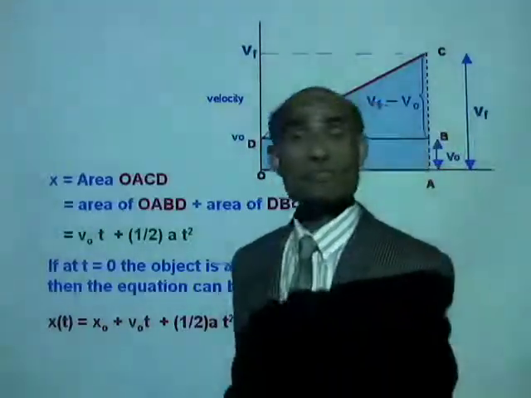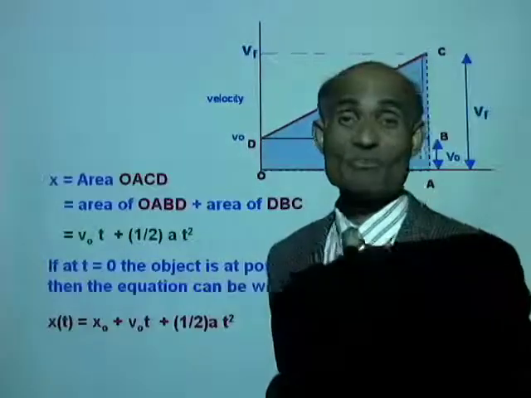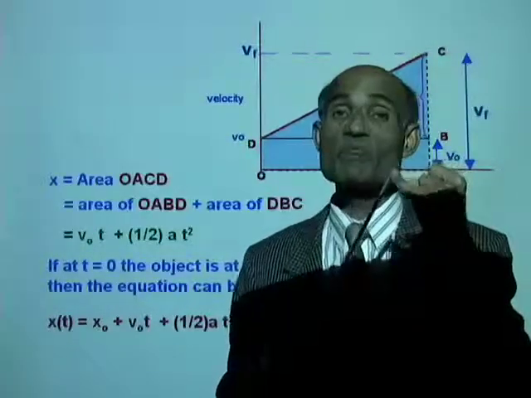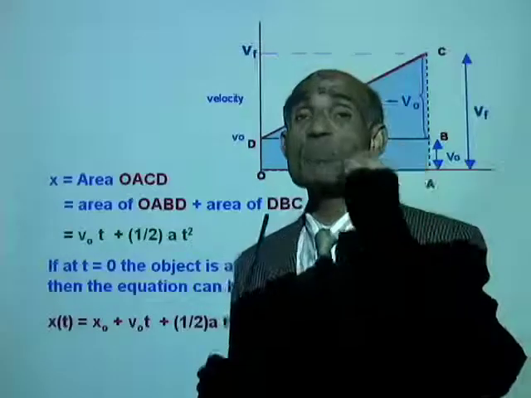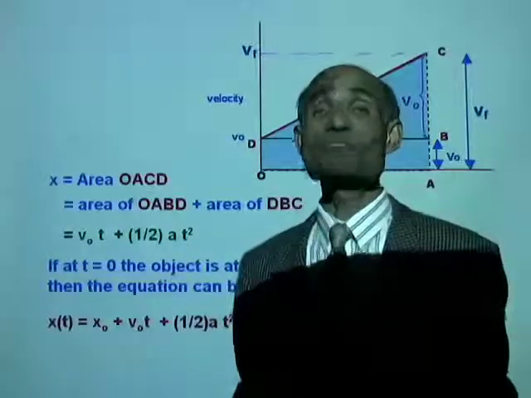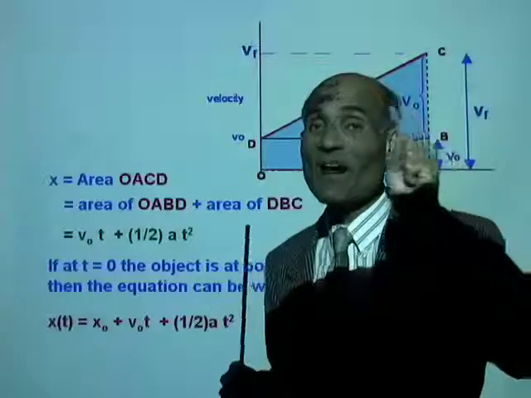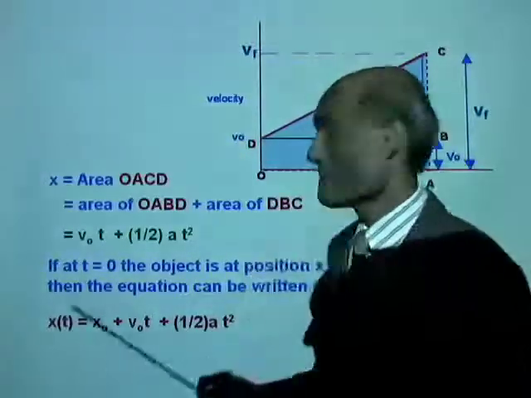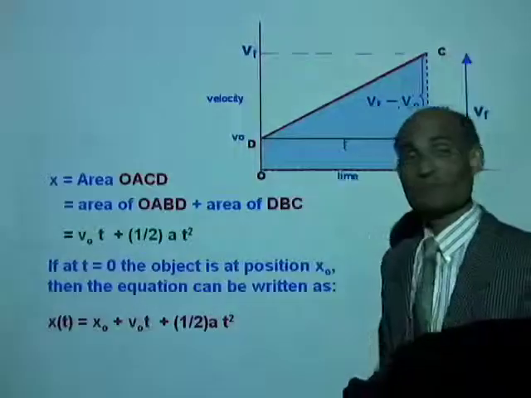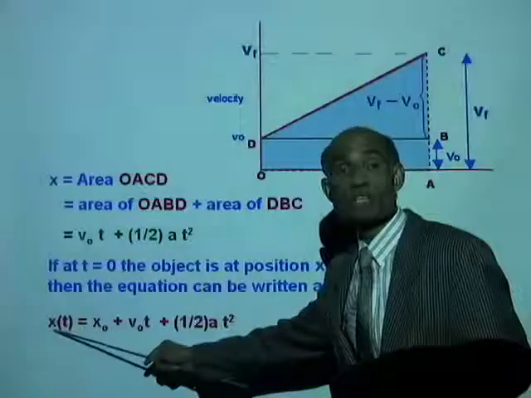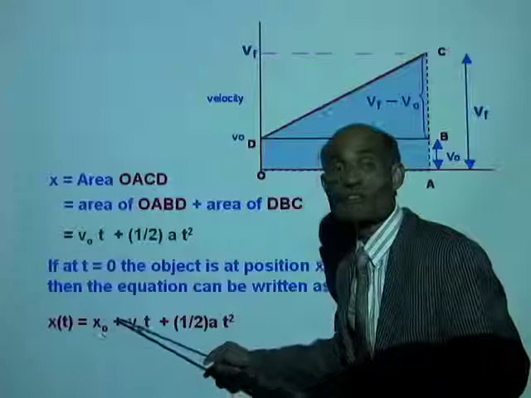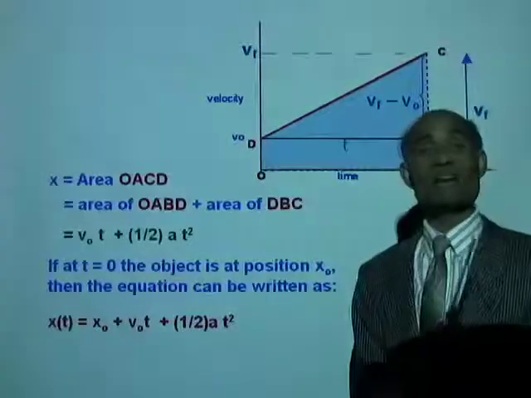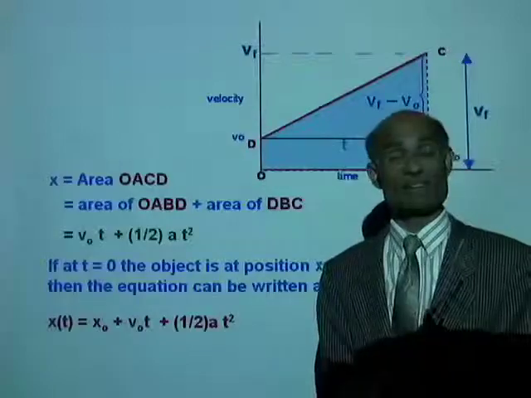So how many equations do we have now? We have now two equations. What are they? Vf equal to V0 plus AT, the first equation. You notice that that equation does not contain displacement. The second equation, x of t equal to x0 plus V0t plus 1/2 AT squared.